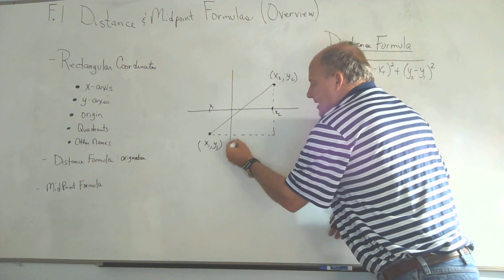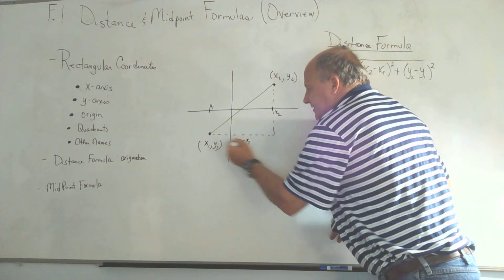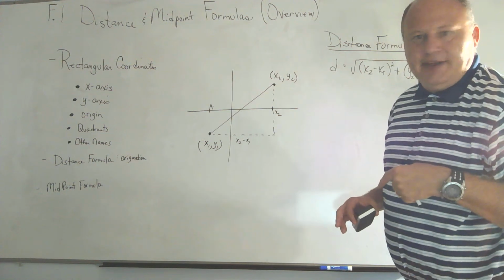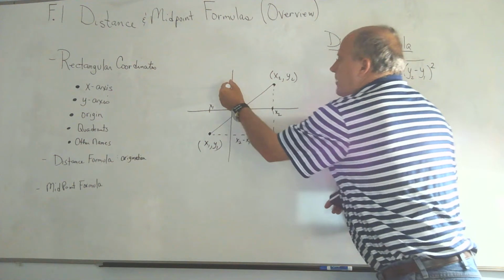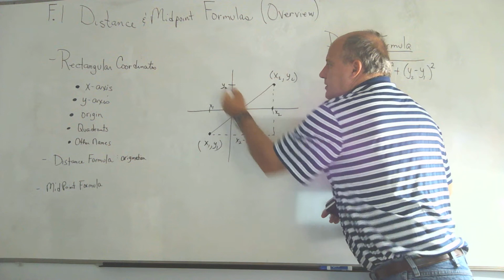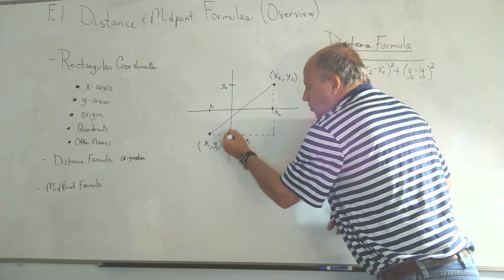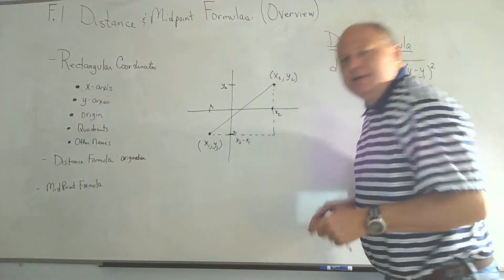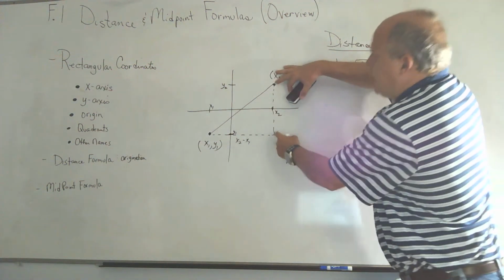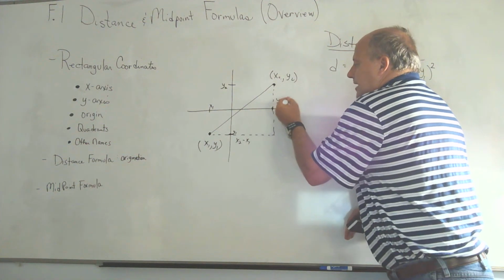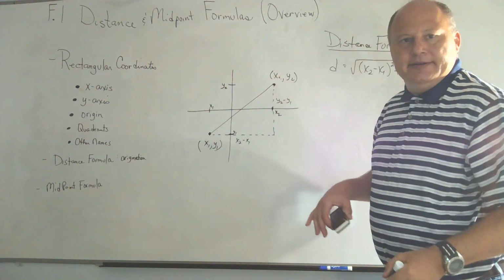So x2 minus x1 is the distance of this horizontal dotted line right there. Then this point up here is the y2, which is the y coordinate of this point up here, and this point right down here is the y coordinate of this point over here. So this vertical dotted line has a distance of y2 minus y1 because it's bigger.